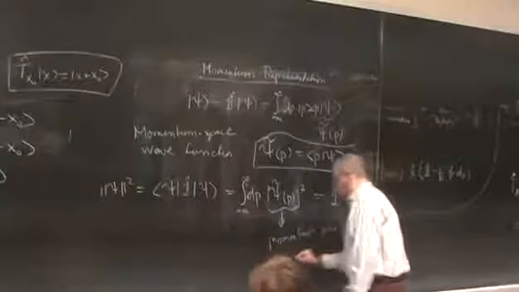That is to say that the probability to find the particle with momentum in the range p to p plus dp is dp times the momentum space wave function squared. Okay.